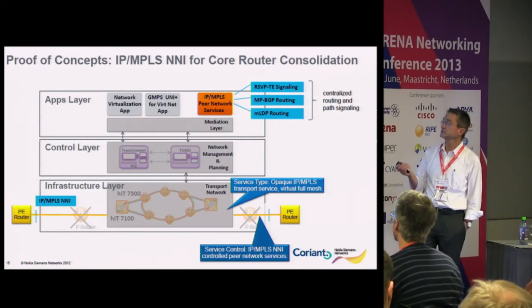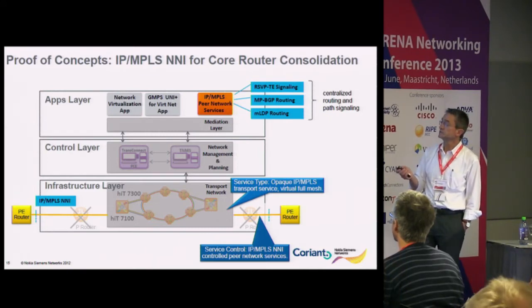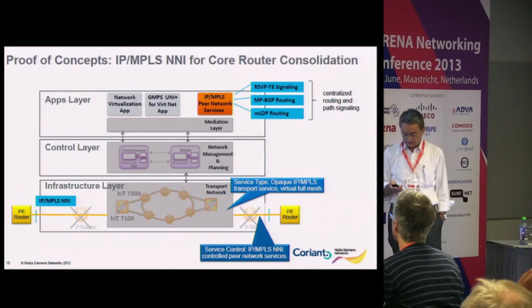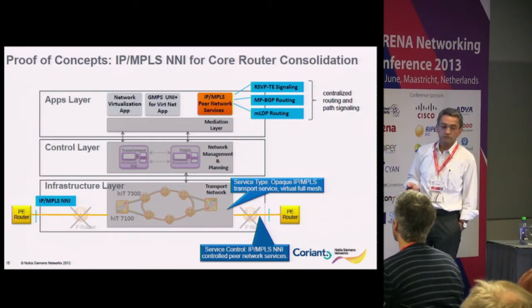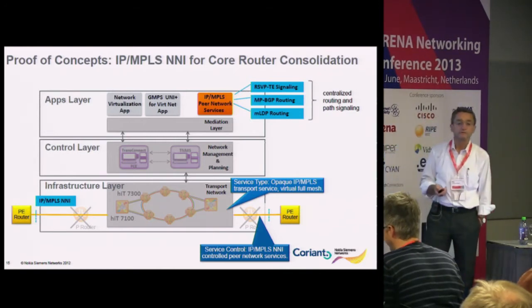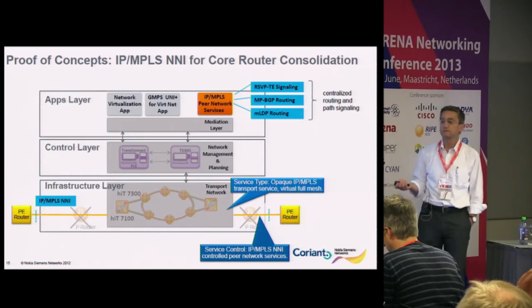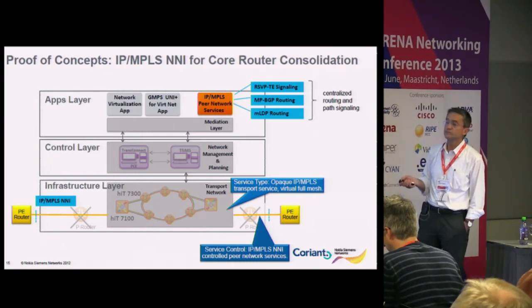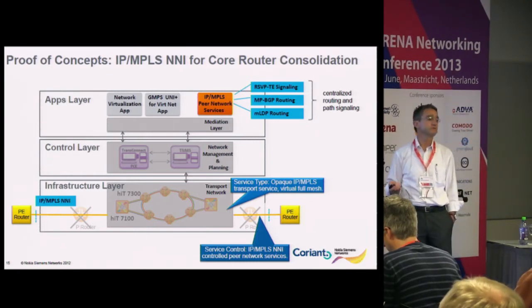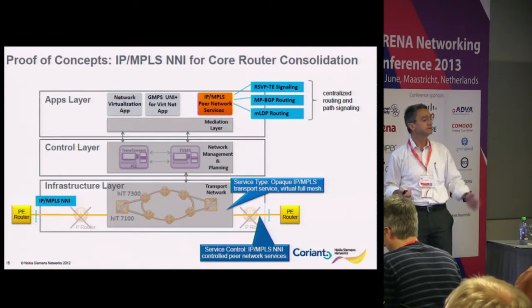And you just, as I told you, need to do the RSVP-TE signaling, multi-protocol BGP routing, MLDP routing. And this approach, of course, has a big advantage that you do not need to rebuild your whole network. You can just rebuild the core, or maybe also rebuild the core in parts.